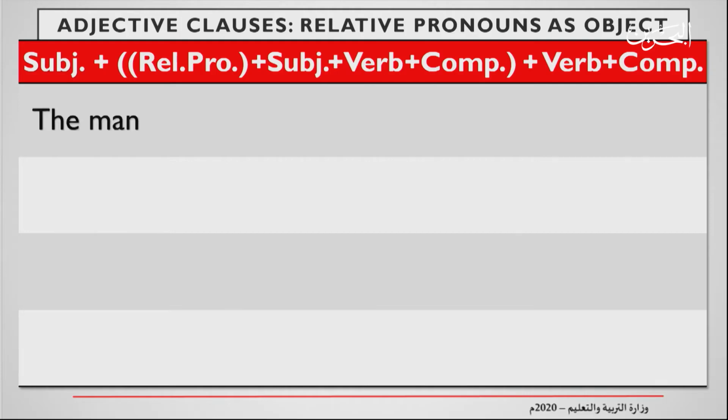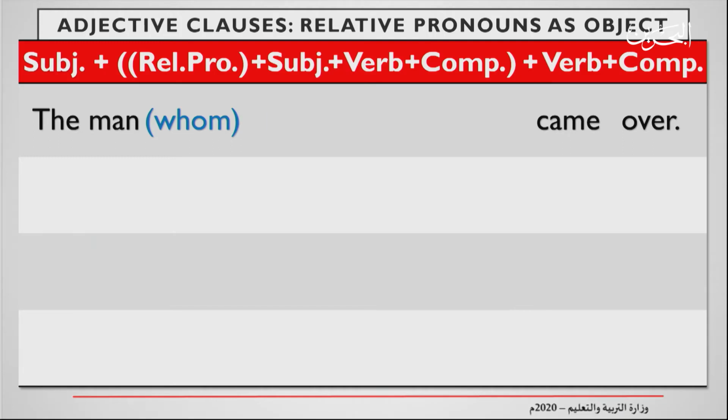Okay, so we start with the same examples as before. So the man came over, the same sentence. Now I'm going to introduce the adjective clause but as an object. Okay, I say whom. Do you notice that I use the pronoun as an object?